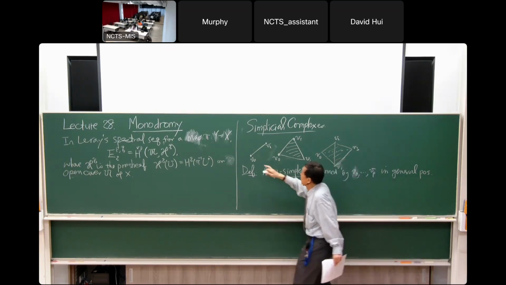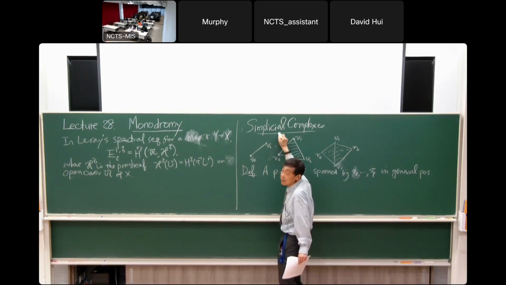Well, that just means if you have 3 points, they can't be collinear.